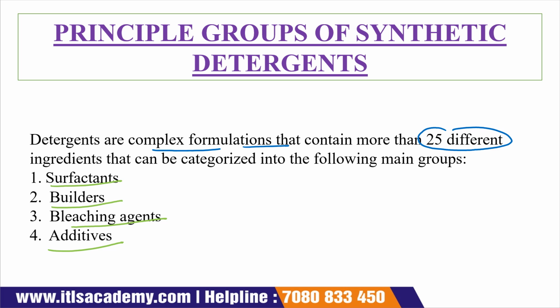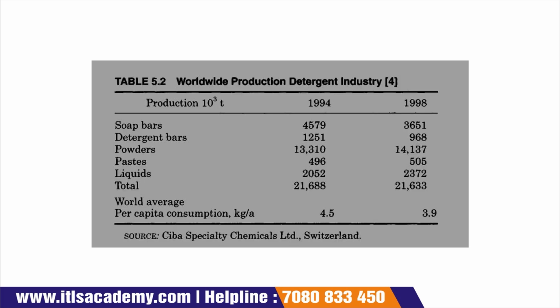It is a complex formulation, which means the ingredients present in a detergent are surfactants, builders, bleaching agents, and additives. We will discuss it in the next lecture.